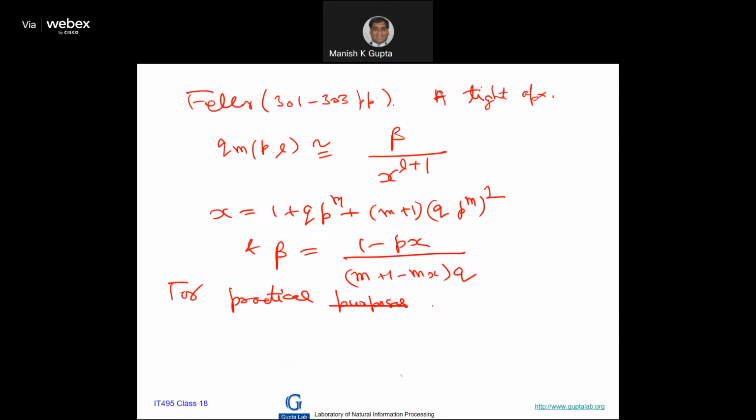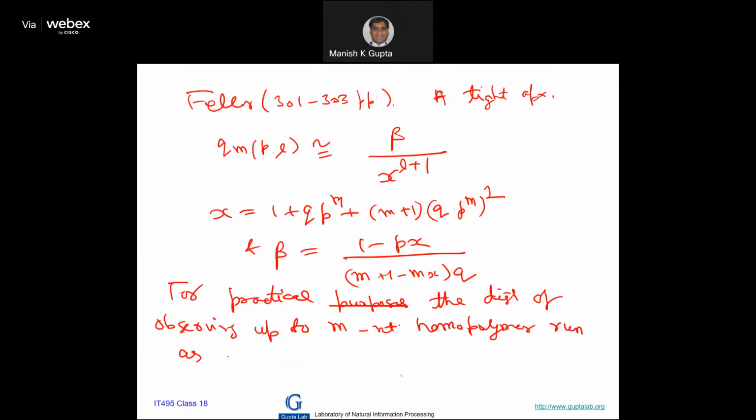So the distribution of observing up to m nucleotides homopolymer run as the product of 4 independent events.